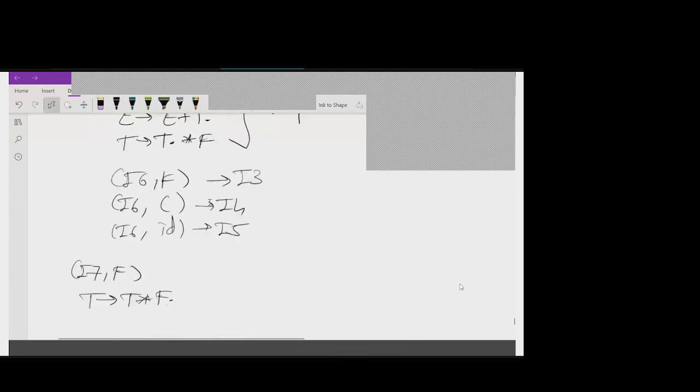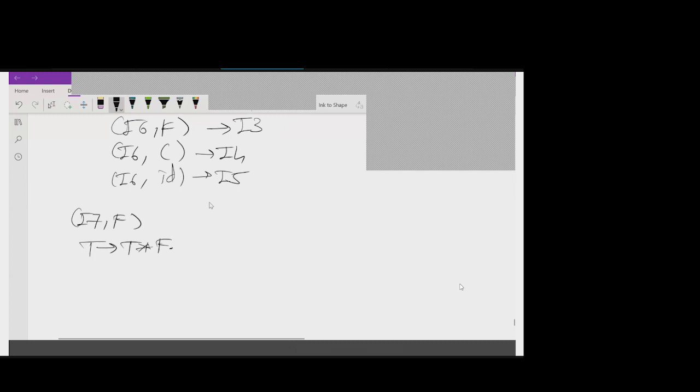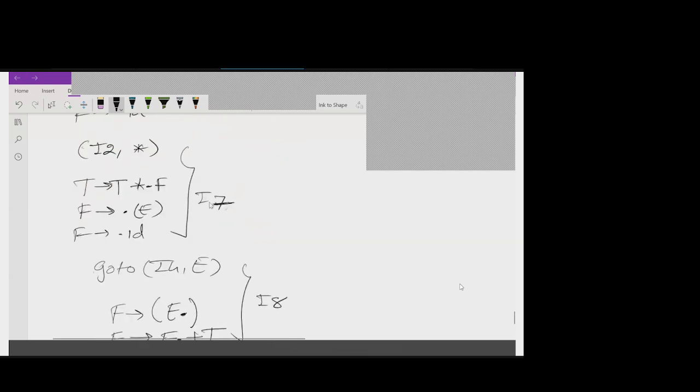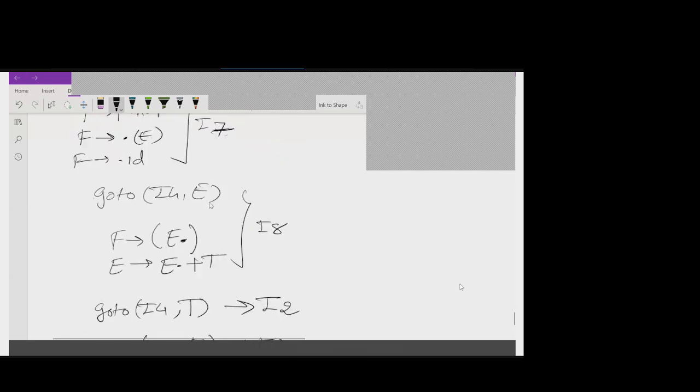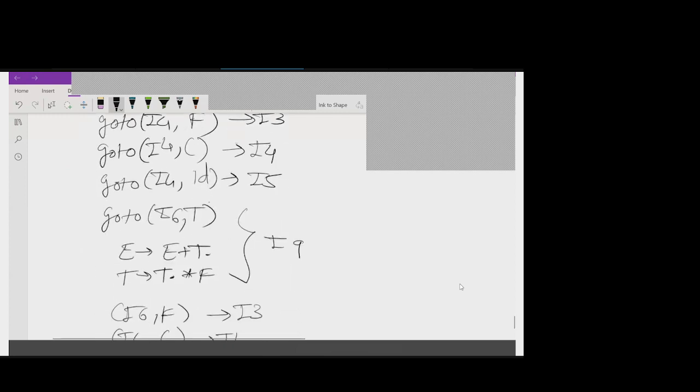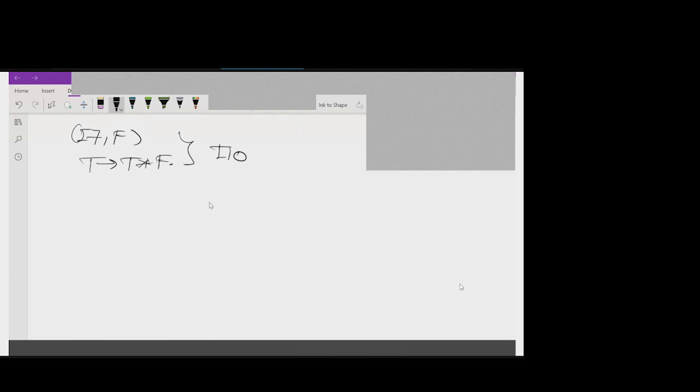And this will be considered as I10. Okay. And then what is the next step? Again, I7 comma opening bracket will be I4, I7 comma ID will be I5.